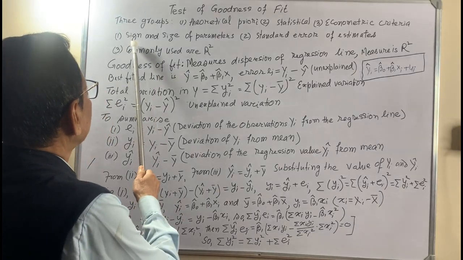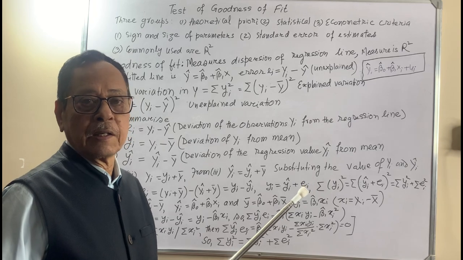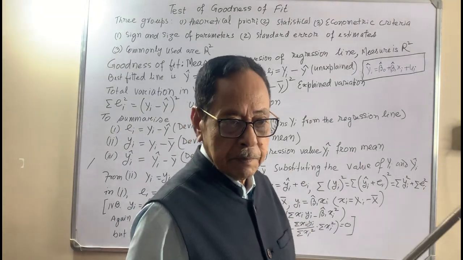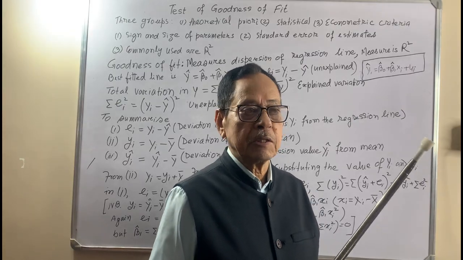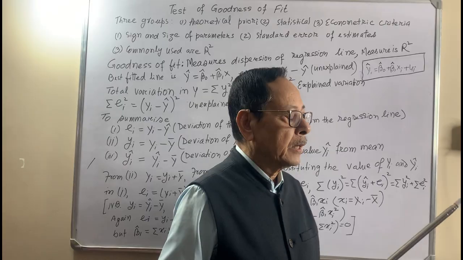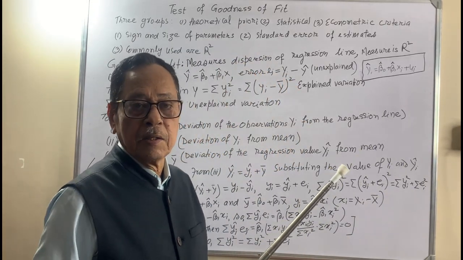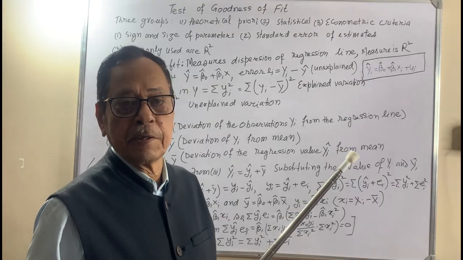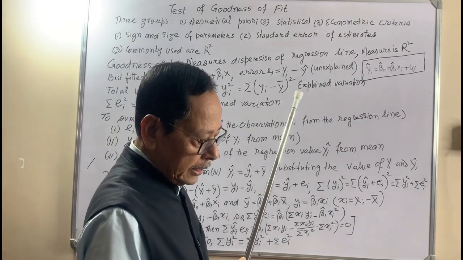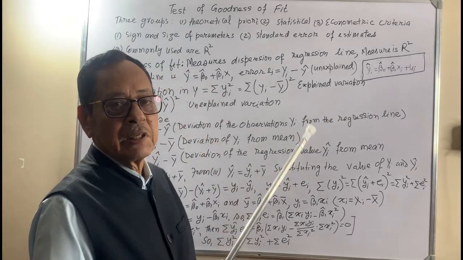What is the sign of the parameter? What is it, a plus sign or minus sign? Suppose a particular relationship between y and x, they should have an inverse relationship. So definitely the regression coefficient beta should show a negative sign. That means if x is increased, y will decrease.